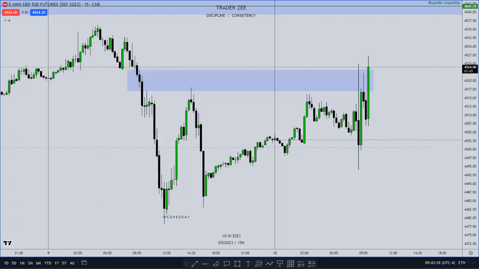Like weekly fair value gap, we had a buy, then we had a sit, then we came down last week into it. Then if we have to go lower, it has to first rebalance the weekly fair value gap, that weekly buy. After that, it can go lower. I'm not saying that that's the case right now, but if it's supposed to go higher, it has to run away from the weekly fair value gap's high.